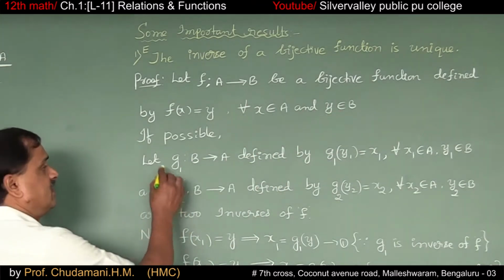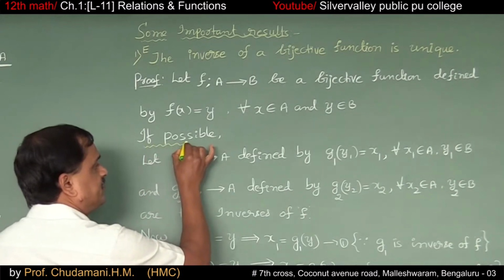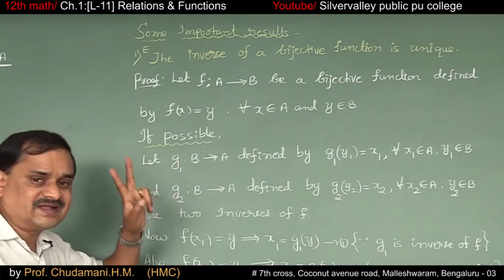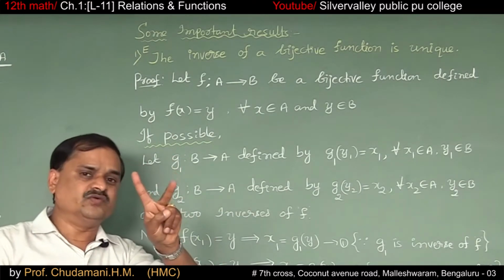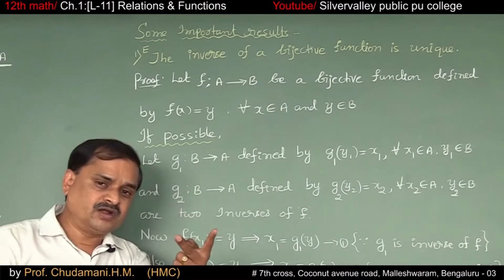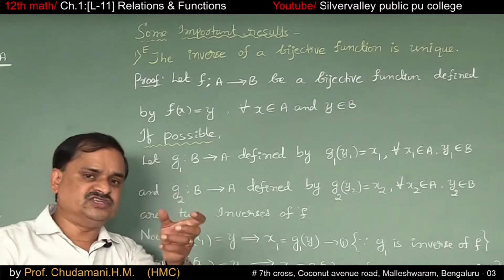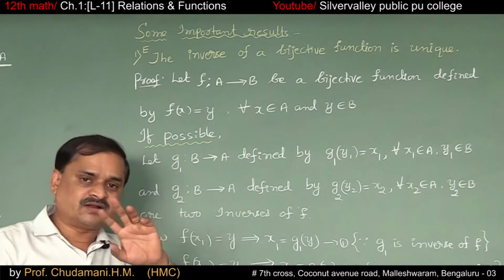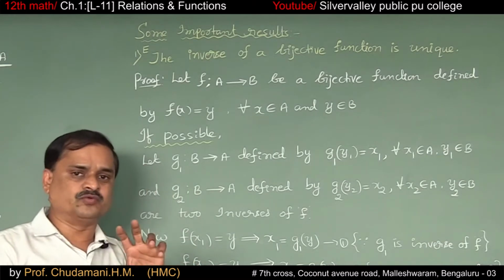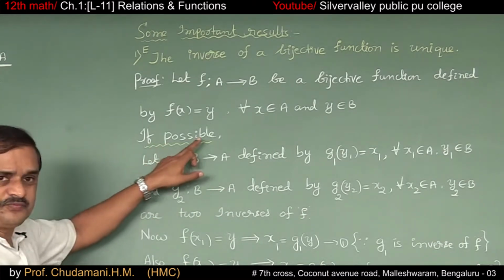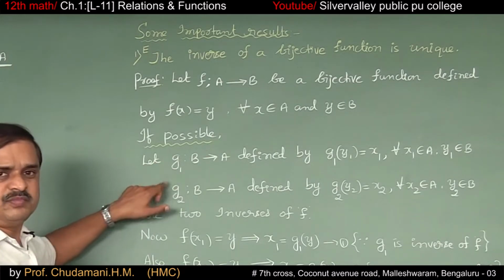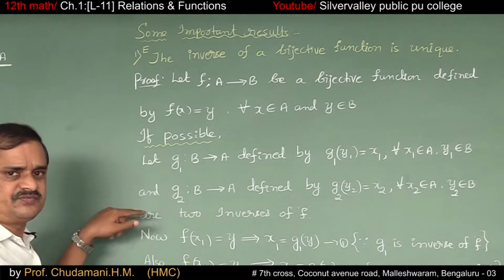If possible, actually not possible, if possible, let us assume there are two inverses of f, say g1 and g2. So we are contradicting that g1 and g2 are equal; they are not different, they are same. That is how we are going to prove it is unique. So if possible, let g1 and g2 be two inverses of the function f.